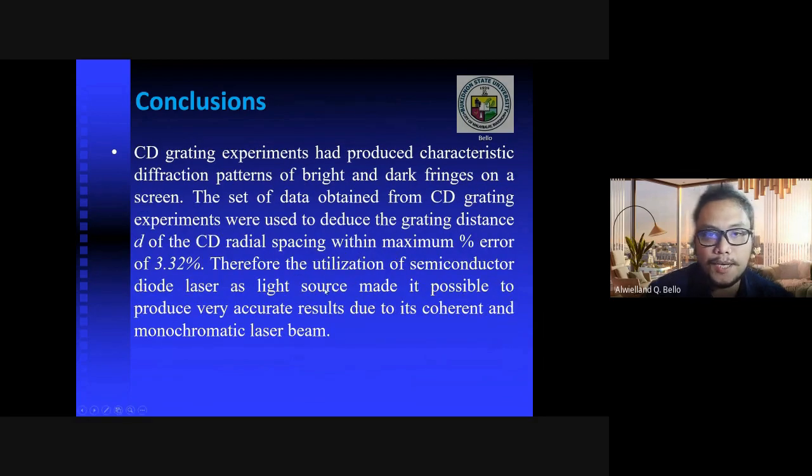I think it's also the same with the CD grating experiments. Due to the coherent and monochromatic laser beam, we were able to get highly accurate results.